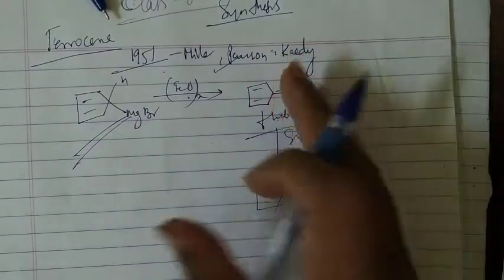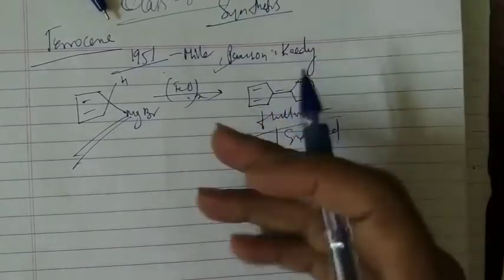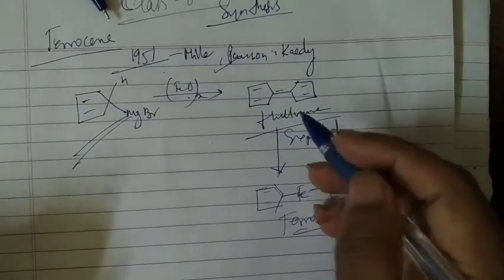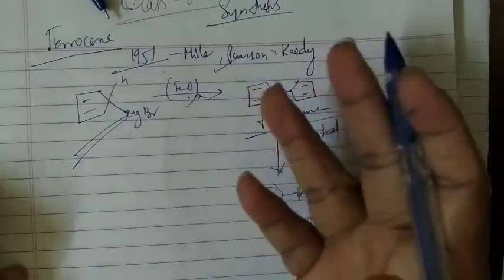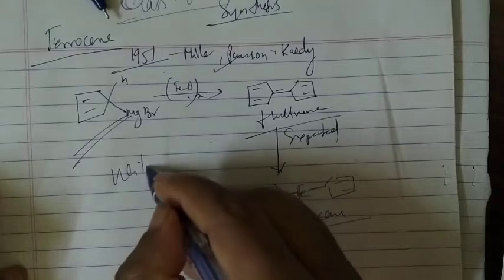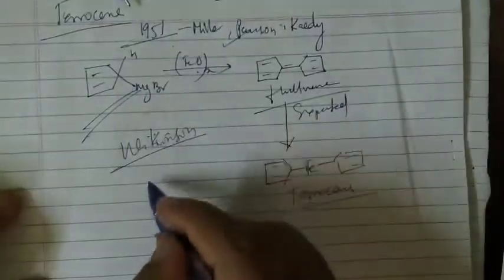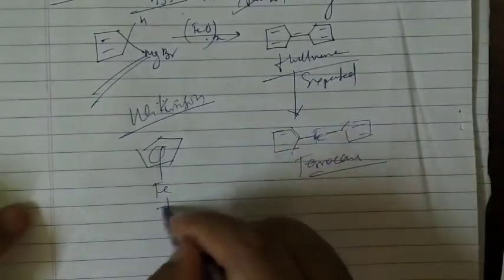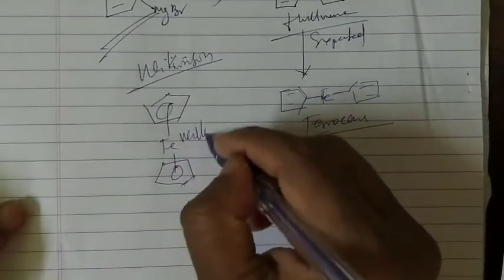Depending on the sigma bond formed by the metal and the pi interaction, there were different structural elucidations of ferrocene. Later on came the sandwich structure given by Wilkinson, Woodward and Fischer.